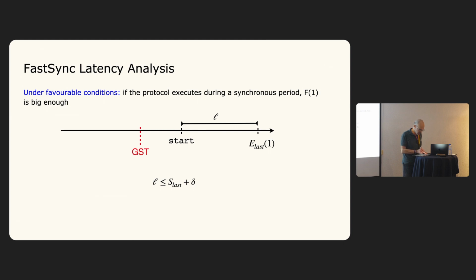One case is a good case, under favorable conditions, where all processes start after GST, so we start directly in the synchronous system. In this case, everything happens very quickly. The moment the last process joins the protocol, we have 2f+1 sync messages for view 1, and then everyone synchronizes in view 1 in time delta.